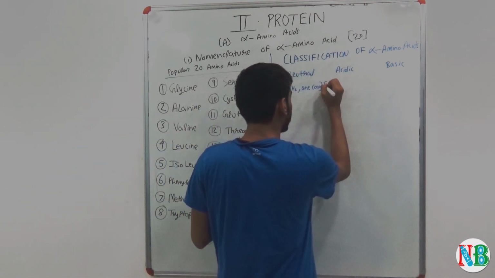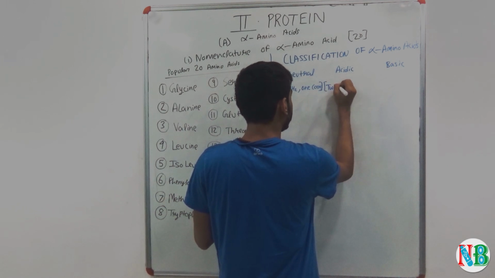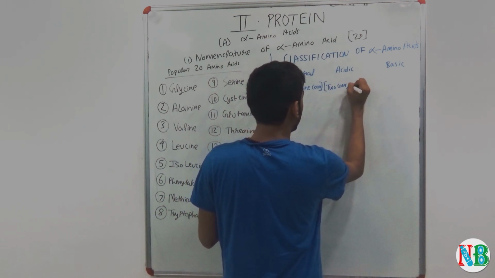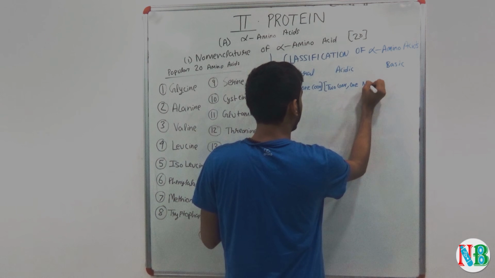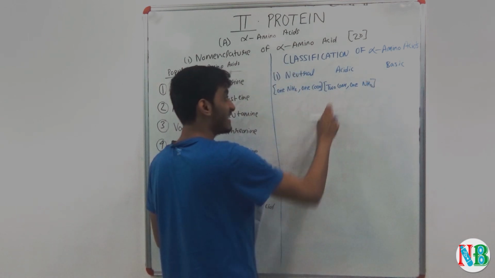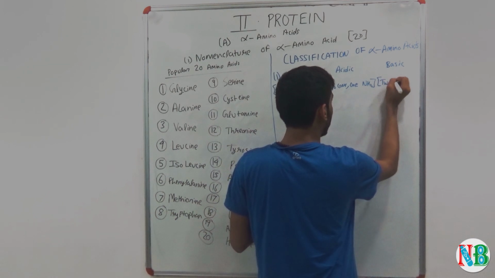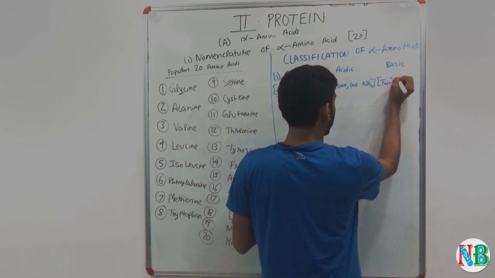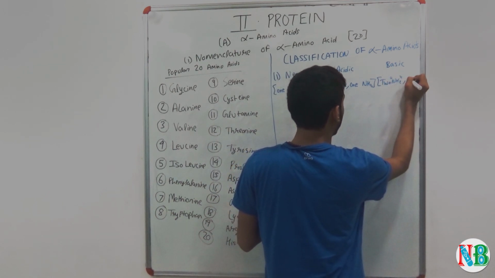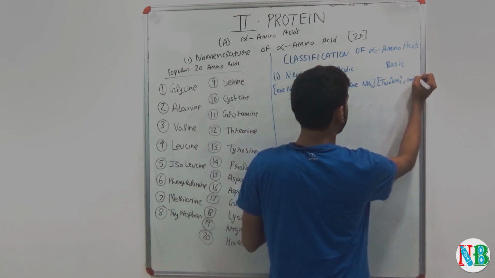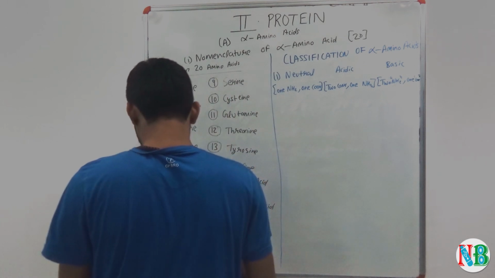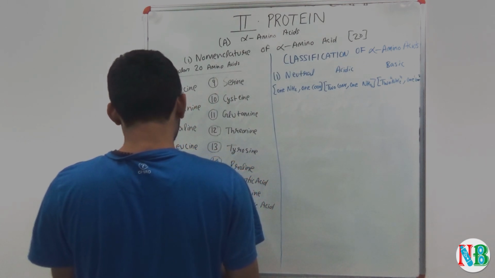Whereas in acidic, you have two COOH groups and one NH2 group, more acidic in nature. The basic is just the reverse. It has two NH2s and one COOH group. Simple to understand.